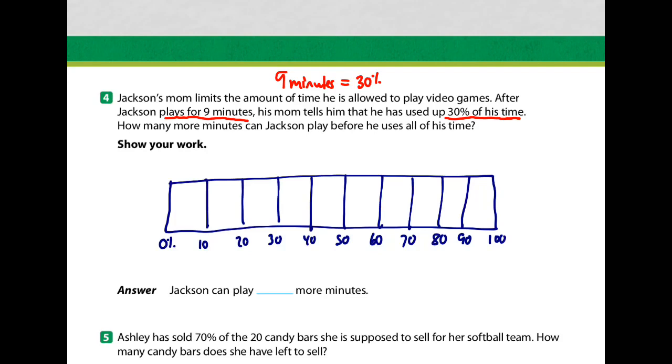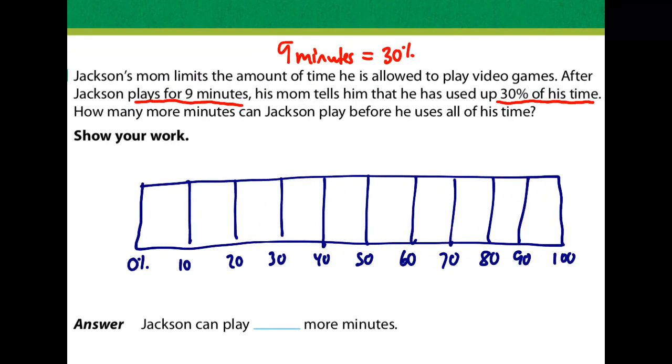So it says Jackson already played for 9 minutes, and that's 30%. So I'm going to put minutes on top, percent on bottom, right? That means each of these sections must be 3 minutes because 3 plus 3 plus 3 is 9. So these in the red box are the minutes he's used up.